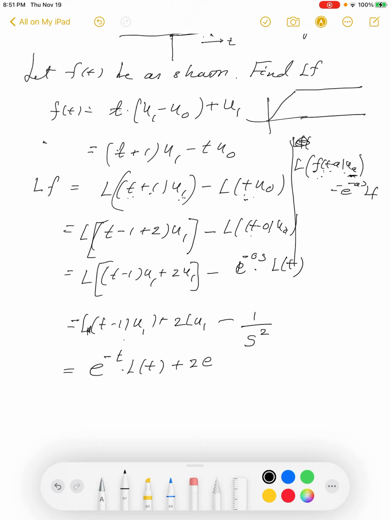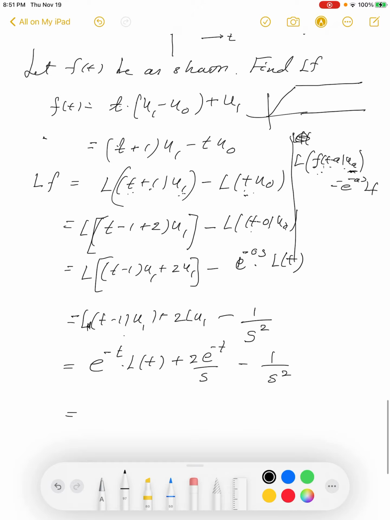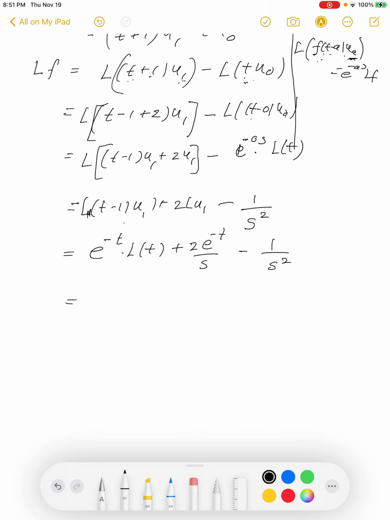This will be 2 e to the minus s by s, and this will be minus 1 over s square. And the Laplace transform of t is 1 over s square. So this is e to the minus s by s square plus 2 e to the minus s by s, minus 1 by s square.